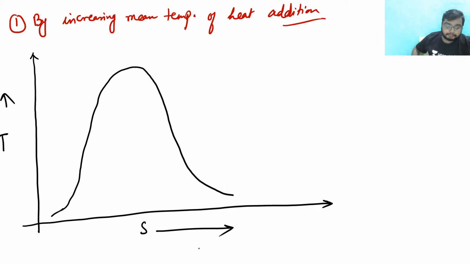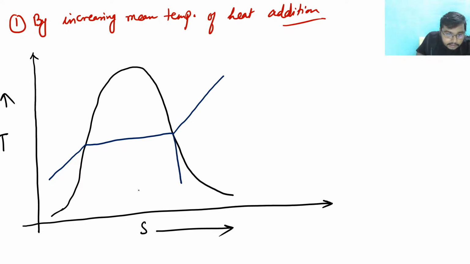Now see, suppose I have a Rankine cycle like this, at some pressure P. I don't know about this pressure. After that, like this, like this. Now see here.